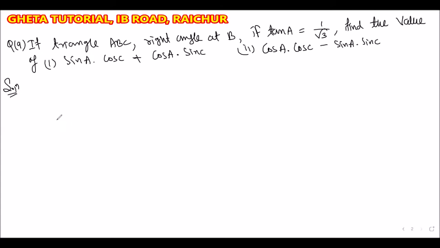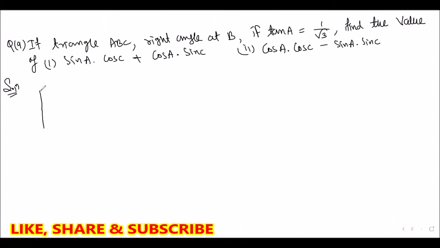If the triangle ABC has a right angle at B, and they have given the tan A value: tan A is equal to 1 divided by root 3.